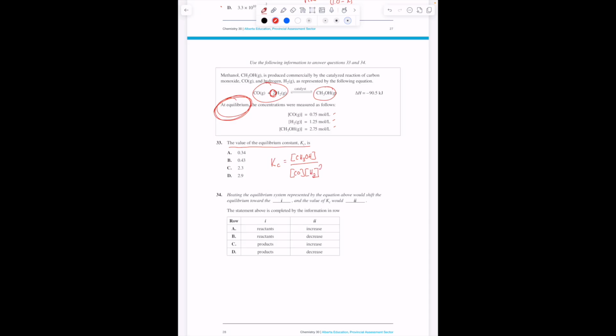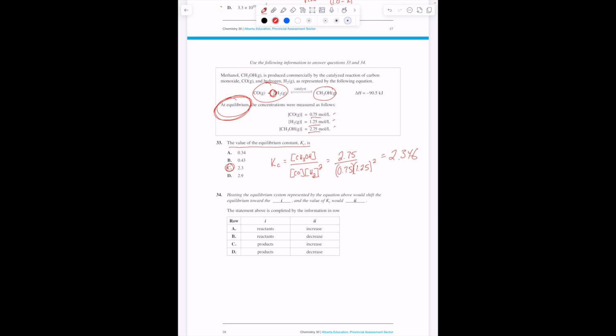Coefficient becomes exponent. So this is 2.75 over CO, 0.75, and H2, 1.25 squared. Do that on my calculator, and I get 2.346. 2.3. Answer is C.